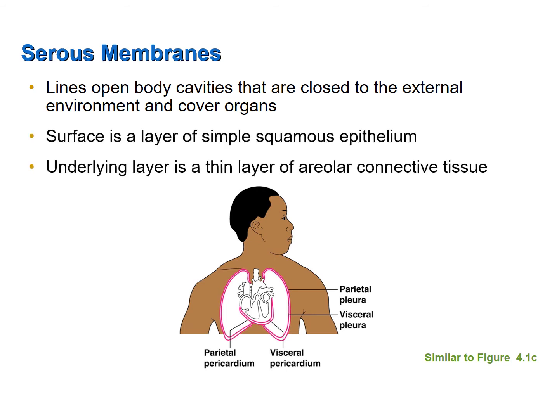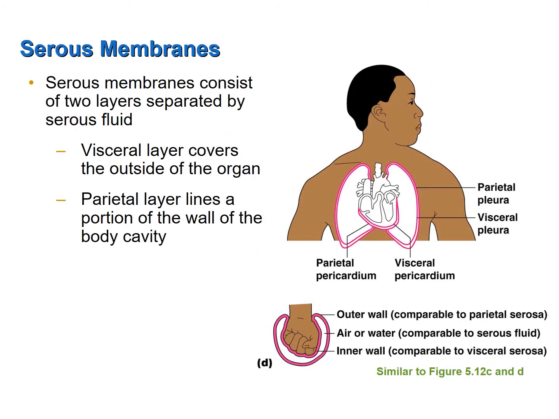If you recall, serous membranes consist of a surface layer of simple squamous epithelium and an underlying layer of areolar connective tissue. So in trying to have you understand the two layers of the serous membranes and how they relate to one another and the organs that they surround, I told you to imagine your fist is an organ.